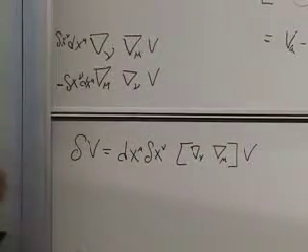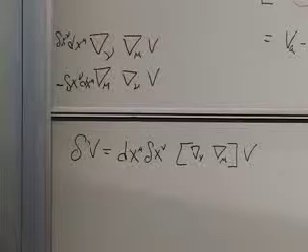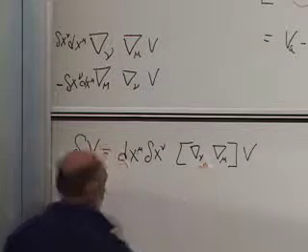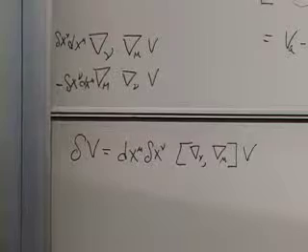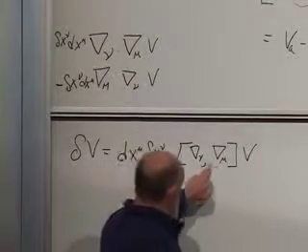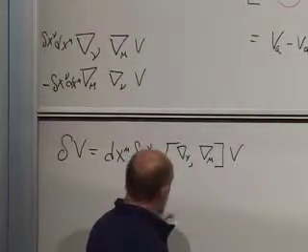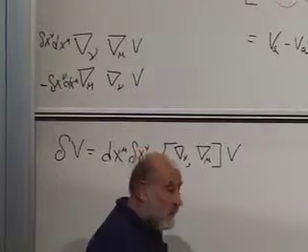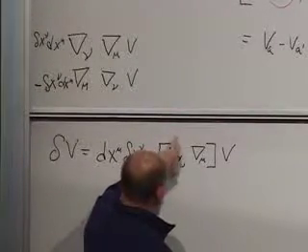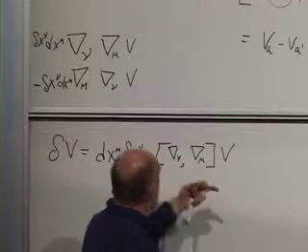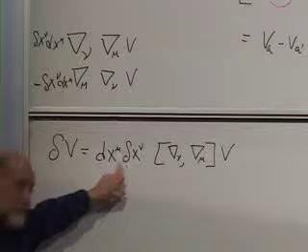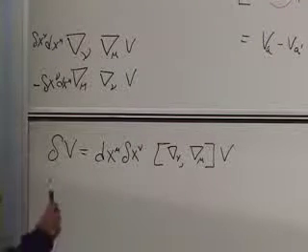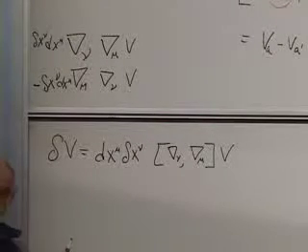So here's a fancy expression involving the commutator of two covariant derivatives. Each one is itself an operator. When you commute them, you get another operator. When you apply that commutator to the original starting vector V, and multiply by these deltas, it gives you the change in V in going around a small loop.